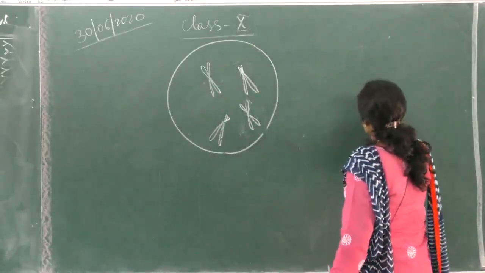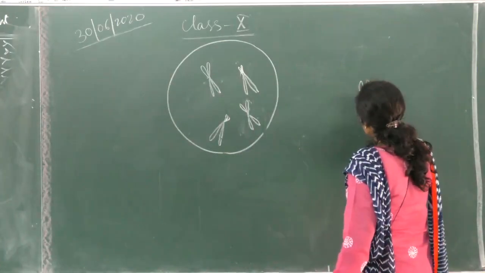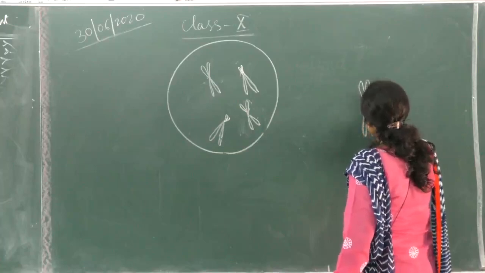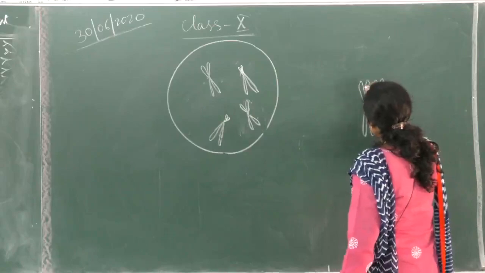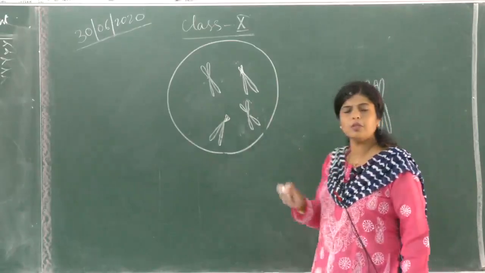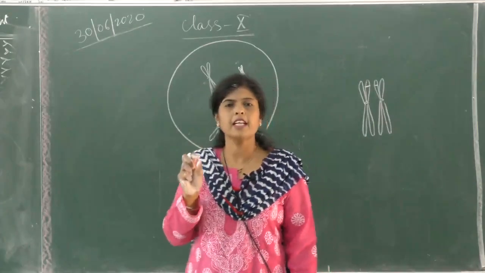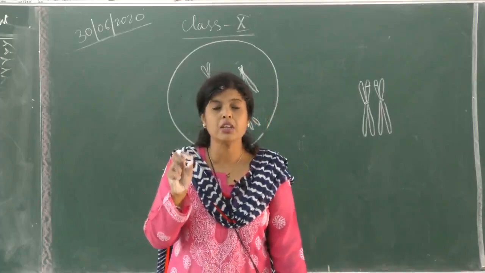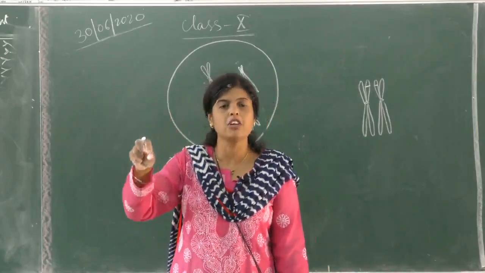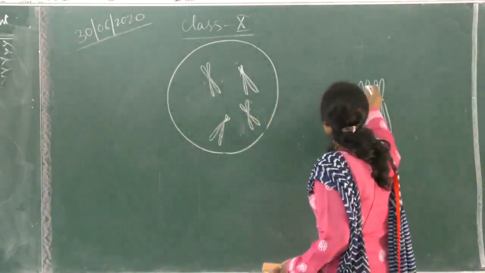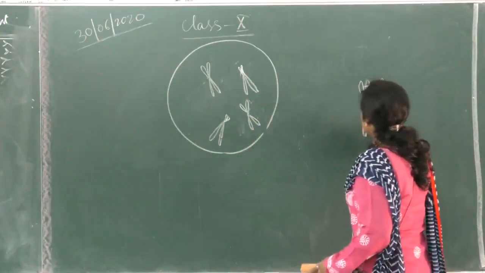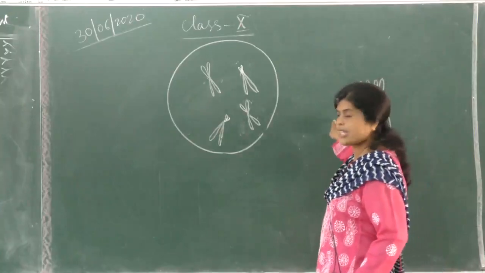They should have the centromere at the same location. What term do we use for the physical position of a gene on a chromosome? We call it locus, and they should have the same gene present on the locus. Now why am I coming to this?